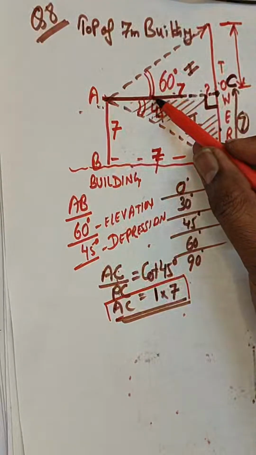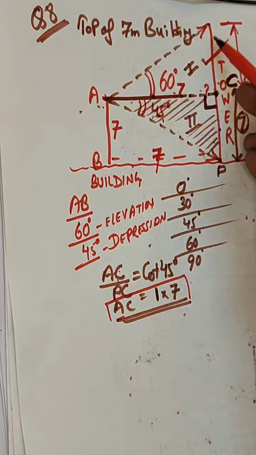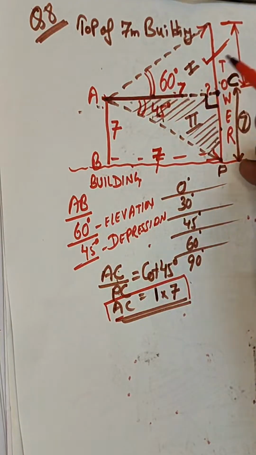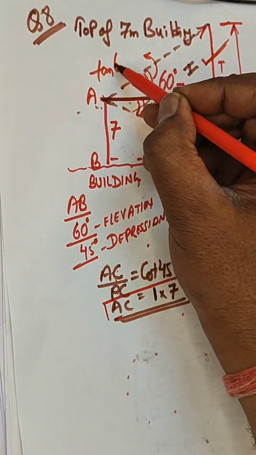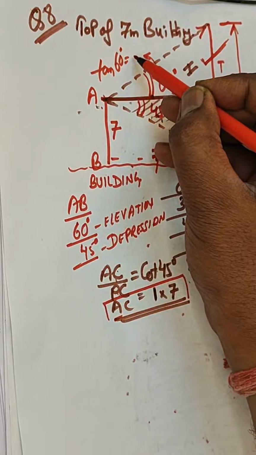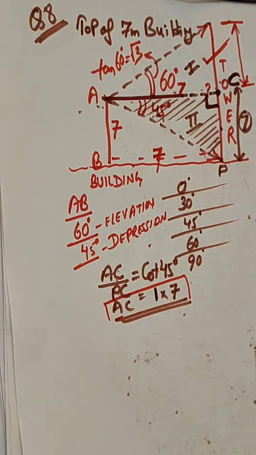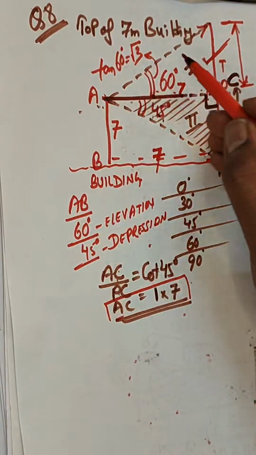How? You know the trigonometrical ratio which gives a relation between this perpendicular and this base, because you know the base. This will be tan. So use tan of 60 degree. Tan of 60 degree is nothing but root 3. You need to remember that, right? Tan 60 degree is root 3, and you know this base.